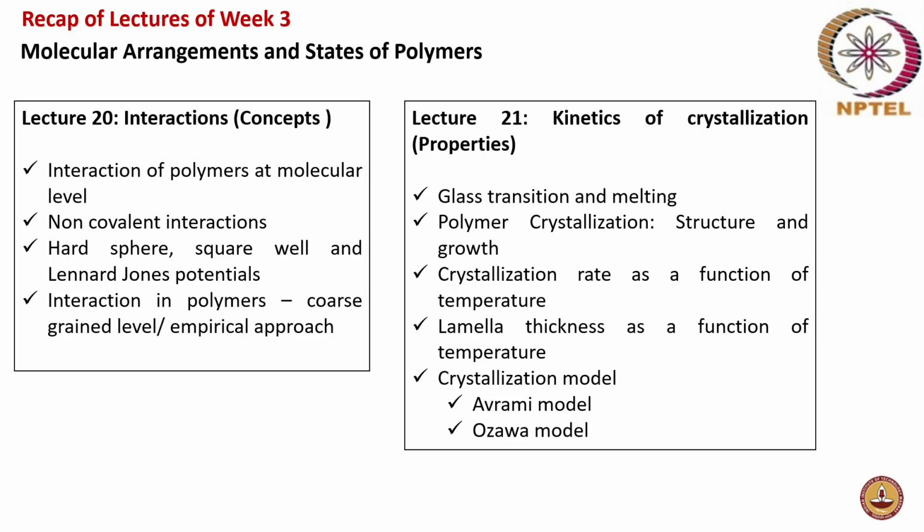So in between there is an increase, right? An inverted parabola kind of image you would have seen in the lecture, correct? And then the fraction of crystallinity, right? Avrami model, Ozawa model were all discussed.